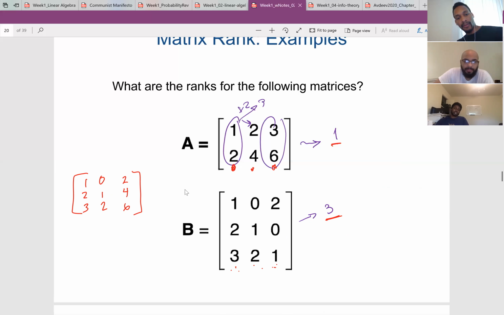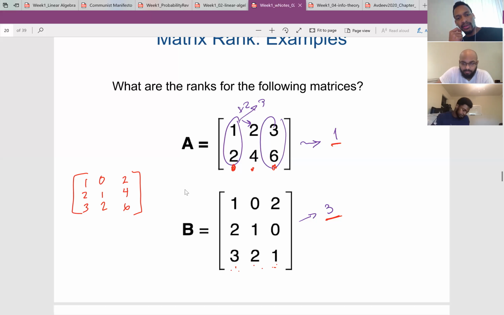It seems like column rank is probably a little more common than row rank. Does it really not matter? Yeah, I do think column rank is more common, but I don't think it matters actually. Column rank is usually what people think about when they say rank.